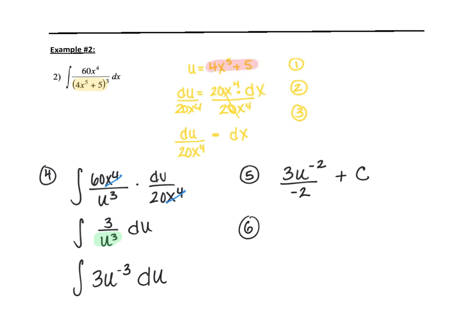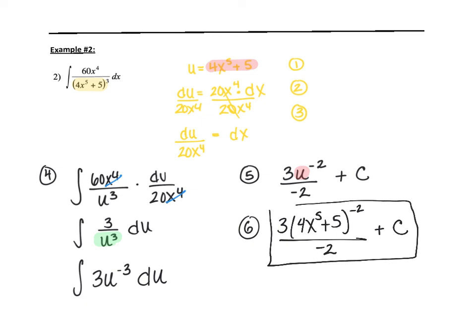So if u is 4x to the 5th plus 5, I'm going to put 4x to the 5th plus 5 in for that u. So it's 3 times 4x to the 5th plus 5 to the negative 2 power divided by negative 2 and then plus c. And that is my answer using u substitution.